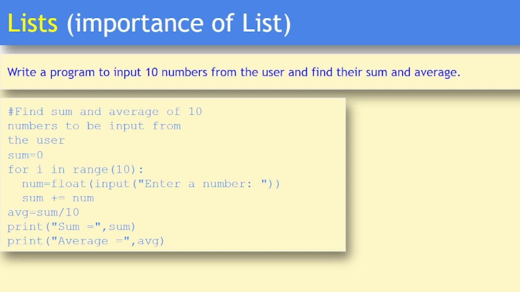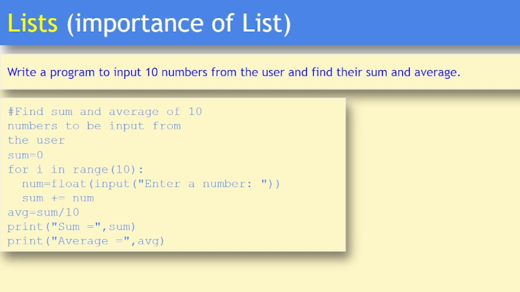The sum variable will store or accumulate the numbers which we enter while running this program. So for i in range 10, it is getting a number of type float. Every number coming from the user is being added to the variable sum. So sum is equal to sum plus num, or sum plus equals num.